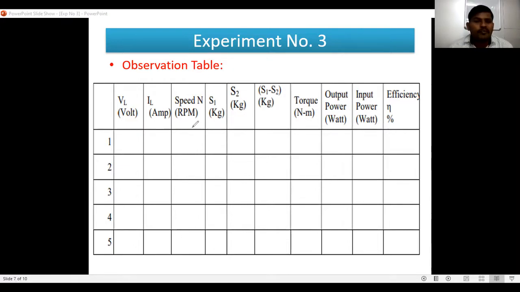Input power is in the electrical form: the supply voltage V and the load current I, the product of these two is the input power. After that we find the efficiency, output power divided by input power. So this is the observation table. All of you take a screenshot for writing the observation.